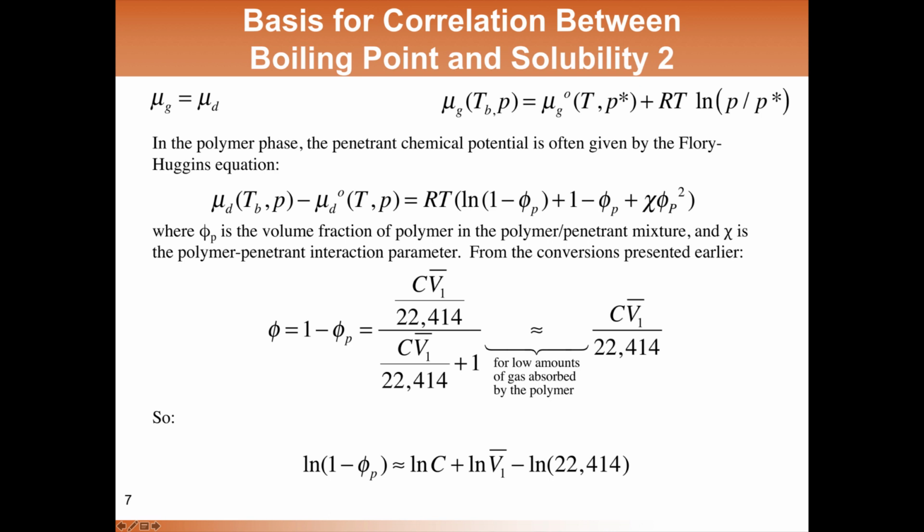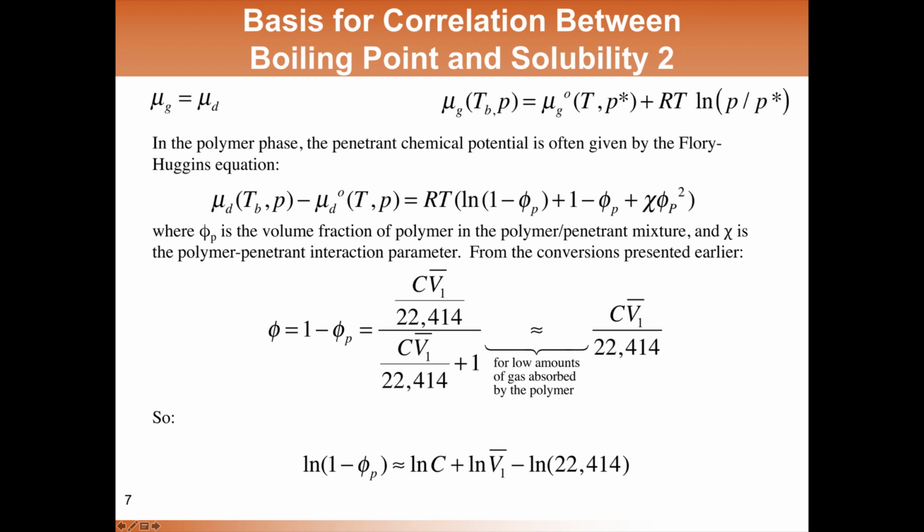And this is often the case we observe for gases dissolved at low to moderate pressure in rubbery polymers. And we can approximate then the volume fraction as being given by this expression.